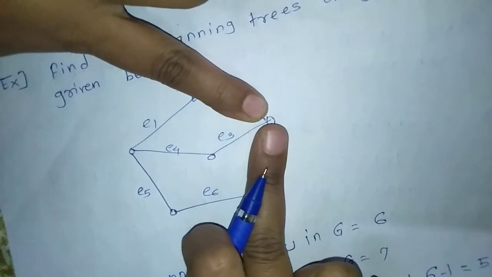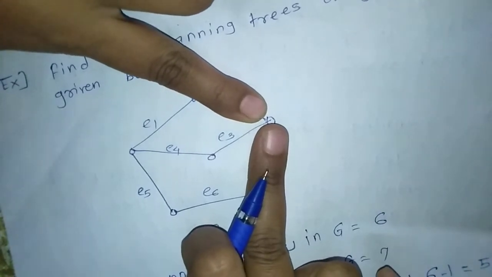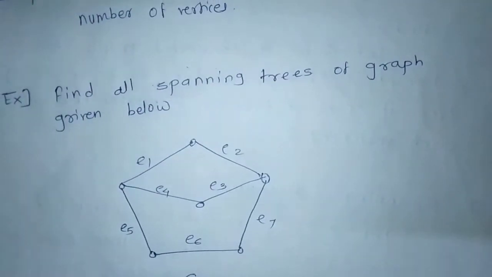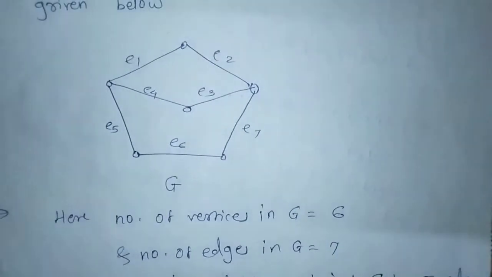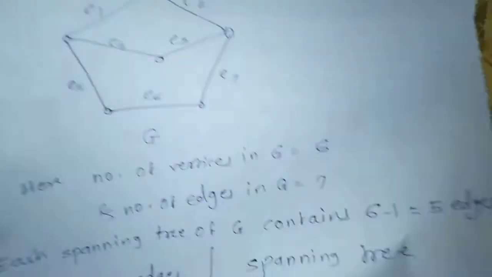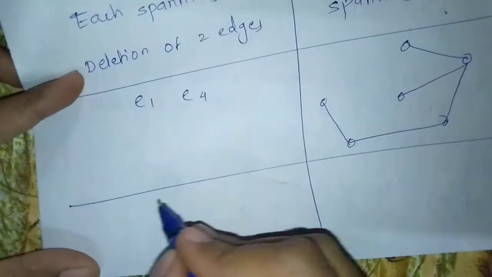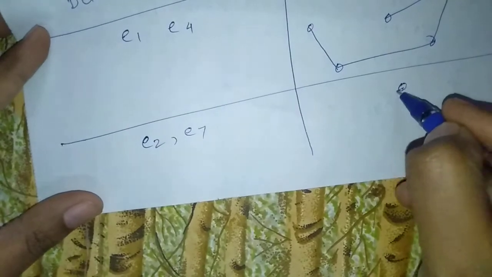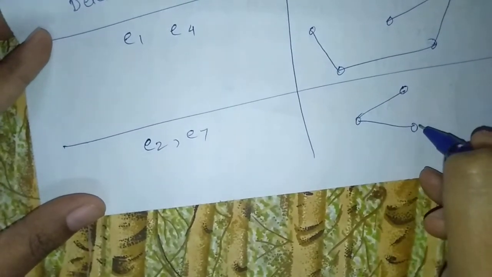Also it does not contain any circuit, so it is a spanning tree. Also it contains 6 vertices, and how many edges? 5 edges. So when we delete E2, E7, we get a spanning tree like this.